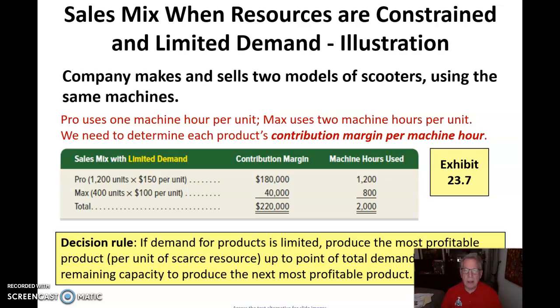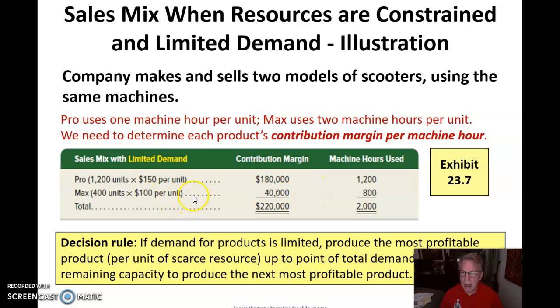Now, in this particular case, there's a limited demand, and we can only sell 1,200 units of Pro. So we maximize by selling 1,200 units of Pro at $150 per unit.